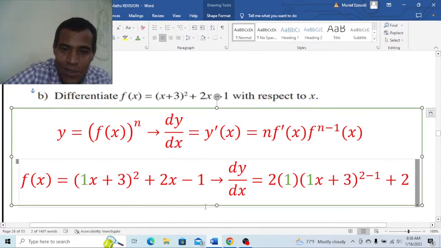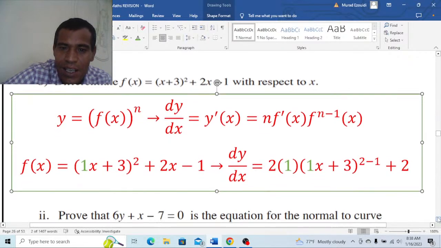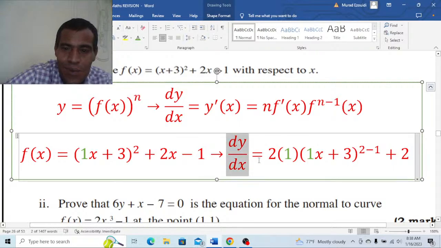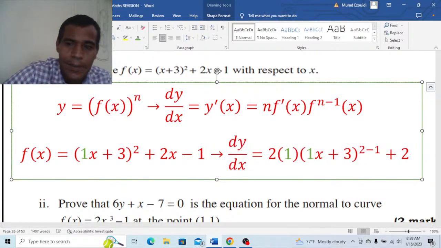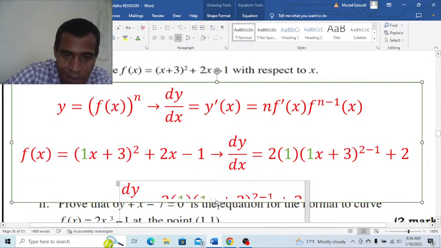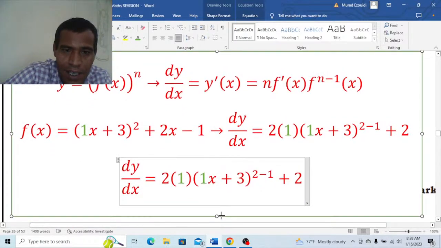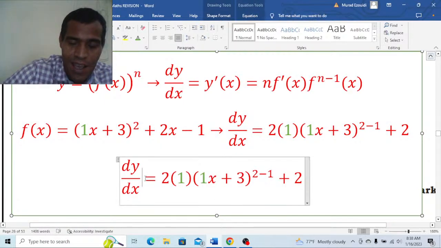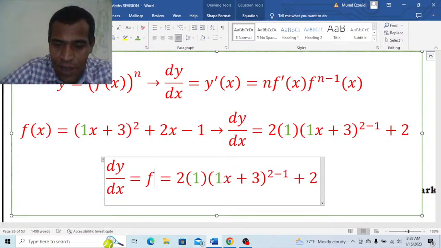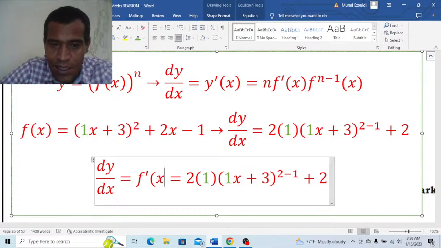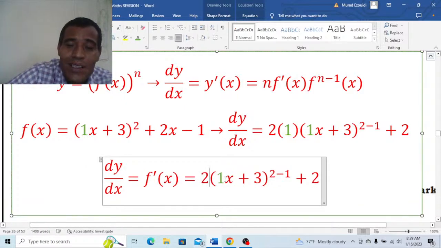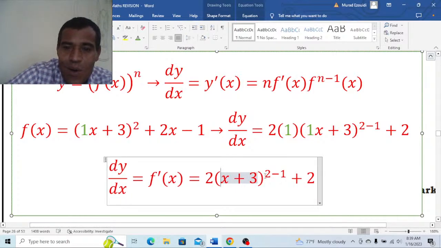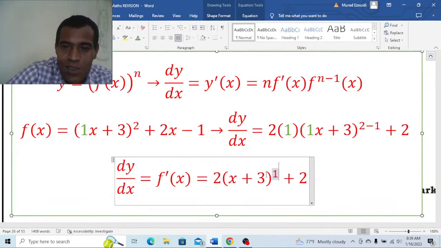Therefore, learners, if you want to simplify more, dy with respect to x is equal to 2 times 1, which is 2, then 1 times x plus 3 to the power 1, because 2 minus 1 is 1, plus 2.